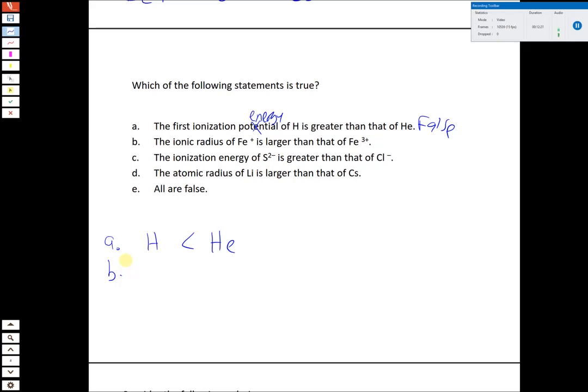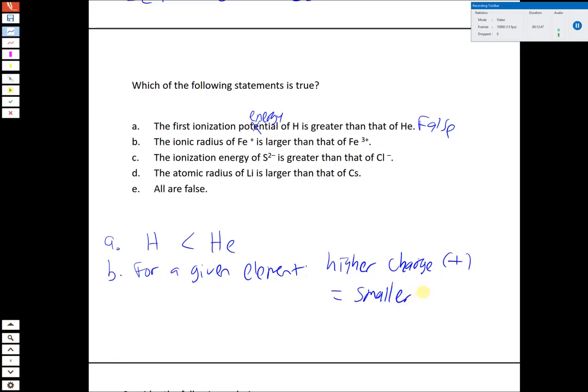So in general, and I think there's no exception to this that I know of, if you're comparing ionic radius for the same element, so for a given element, the higher the charge that you have on the ion, positive charge I should say, corresponds with a smaller radius.